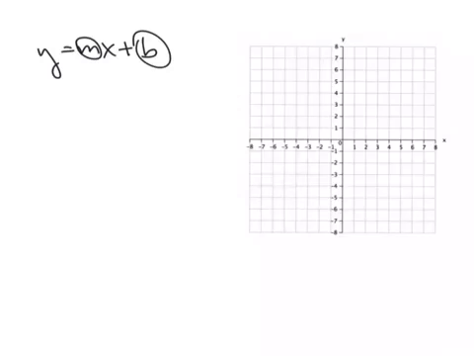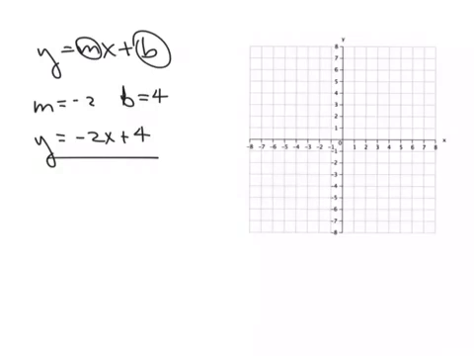So if you look at 46, m equals -2 and b equals 4. All we're going to do is replace m with -2 and b with 4, and we're done. That's putting it in the right form.